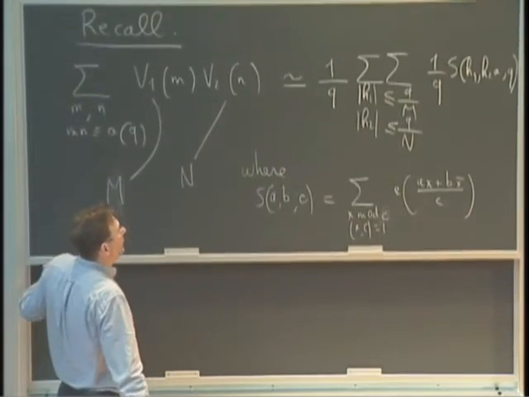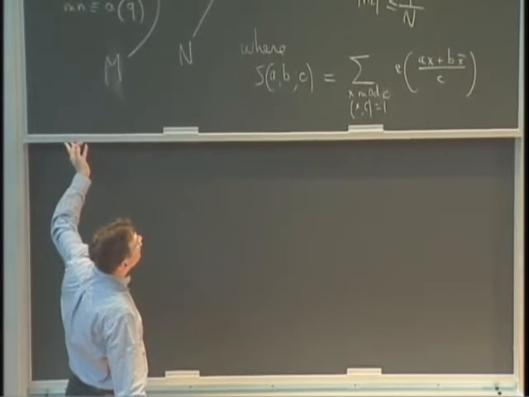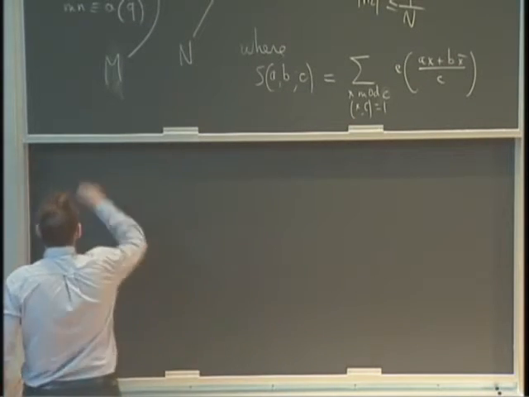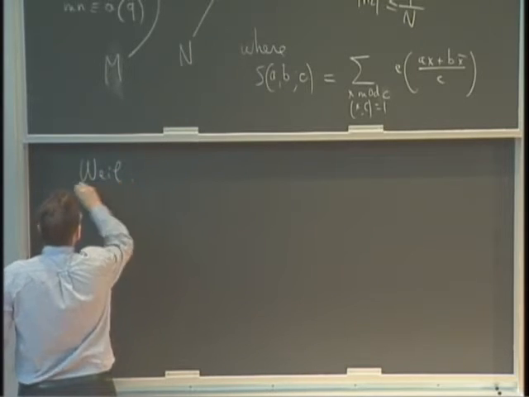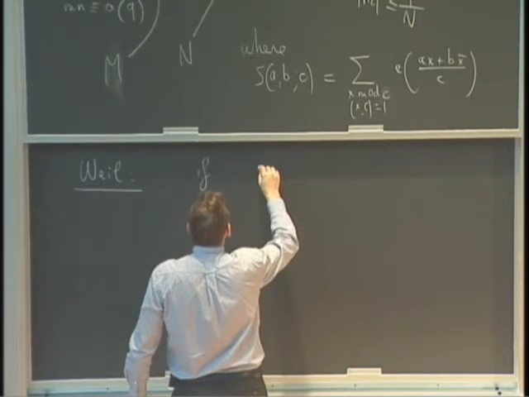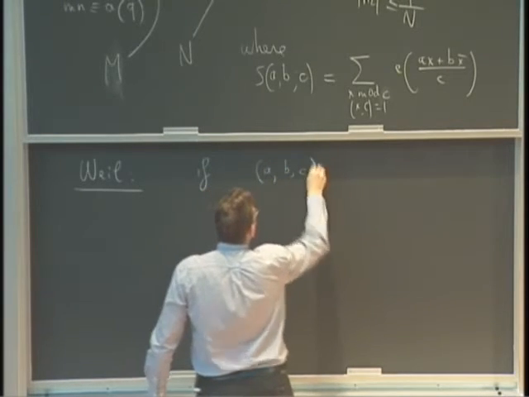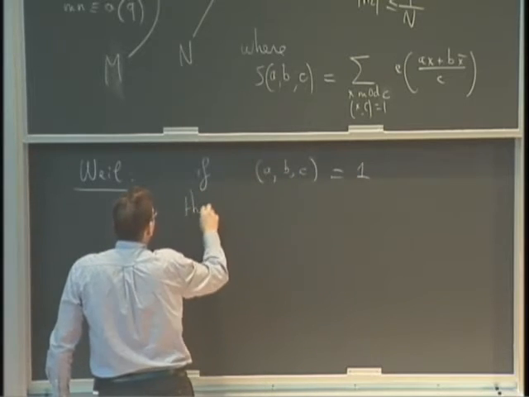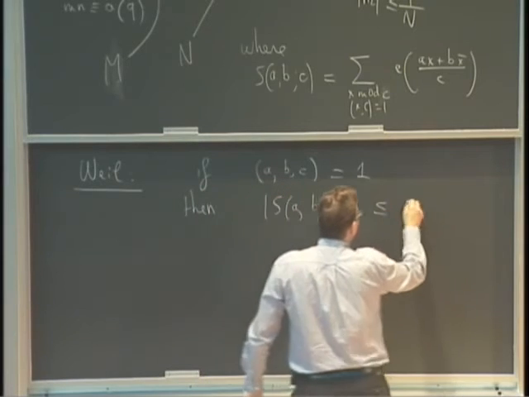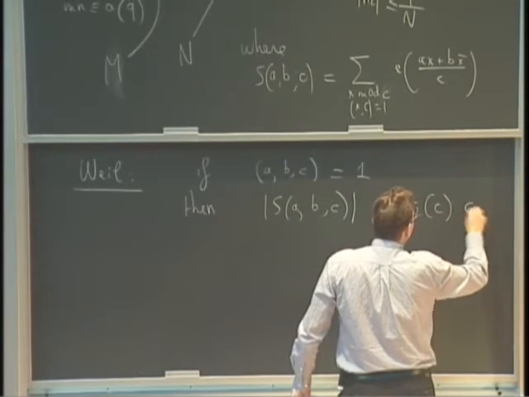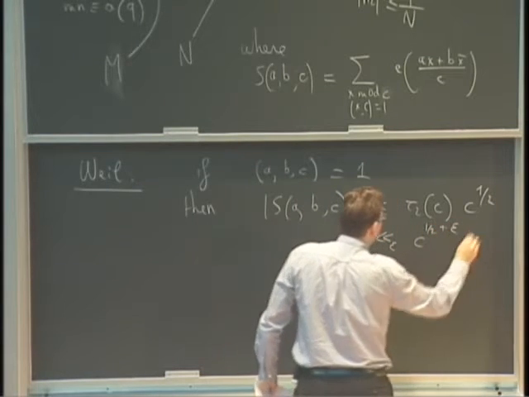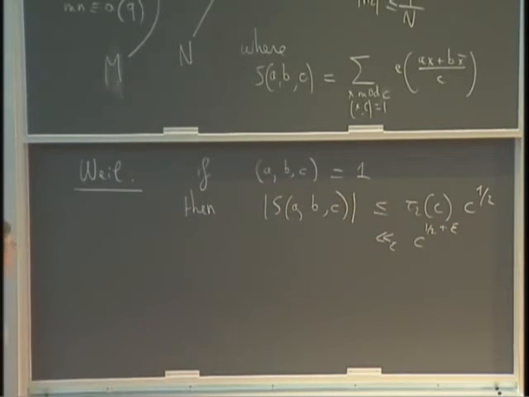Okay, and there is this theorem of André Weil that tells you that, roughly speaking, you almost always have square root cancellation in the Kloosterman sum. So if a, b, c are coprime, then the modulus of S(a,b;c) is less than the divisor function of c times c to the 1/2. So for any positive epsilon, it's of size c to the 1/2 plus epsilon at most.